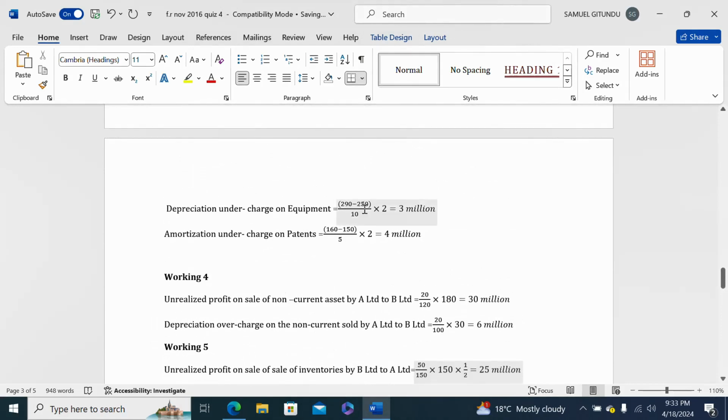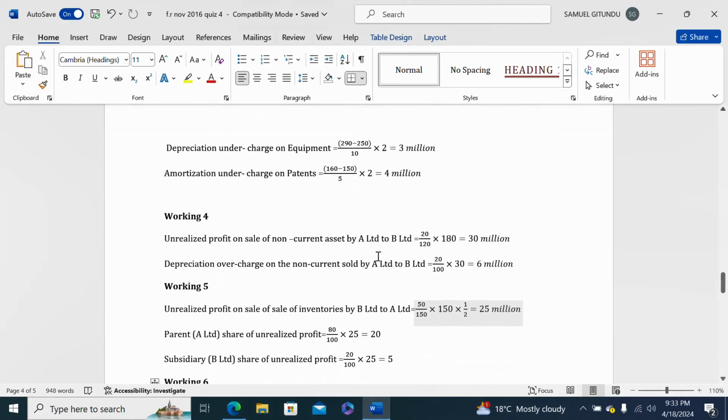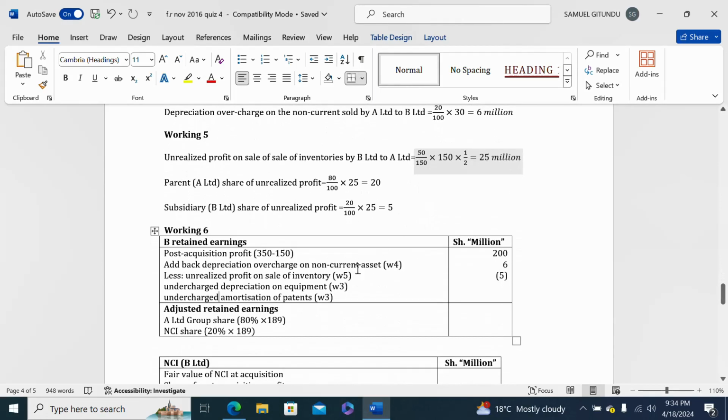So the depreciation undercharge on equipment is 3 million, and the amortization undercharge is 4 million.